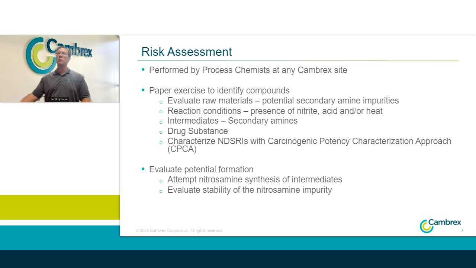That is to evaluate the manufacturing conditions by looking at the raw materials, specifically looking for potential secondary amines or secondary amine impurities in any of those chemicals, and then evaluating the reaction conditions that are known to form nitrosamines. So the presence of nitrite, addition of acid or heat in these steps increase that potential.